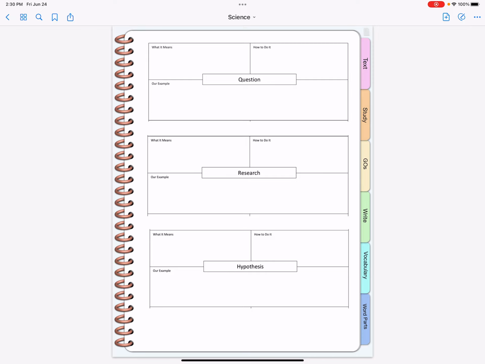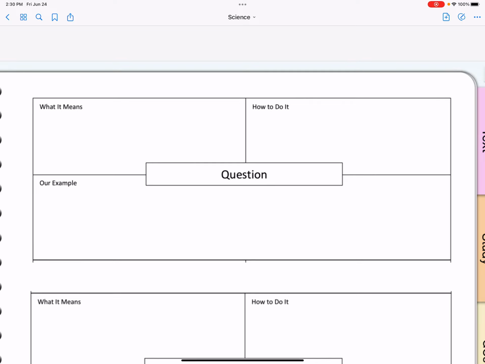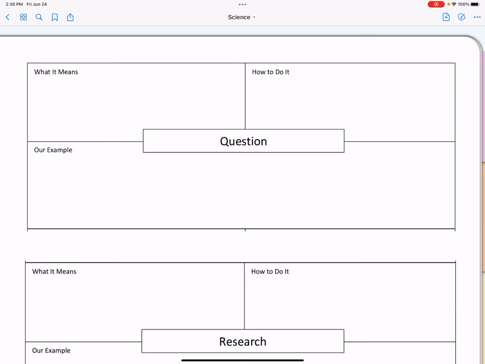So the first one is the one that says question. This particular picture is called a Frayer model. It's a model that's used in all levels of education. I've used them in college a lot to help you learn new concepts and really help you remember them. And the purpose of these graphic organizers is to put this information into your memory.